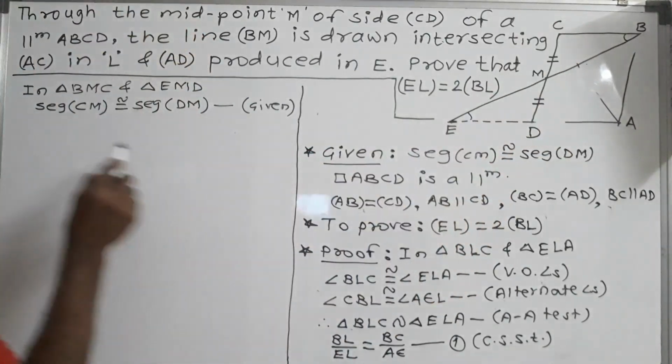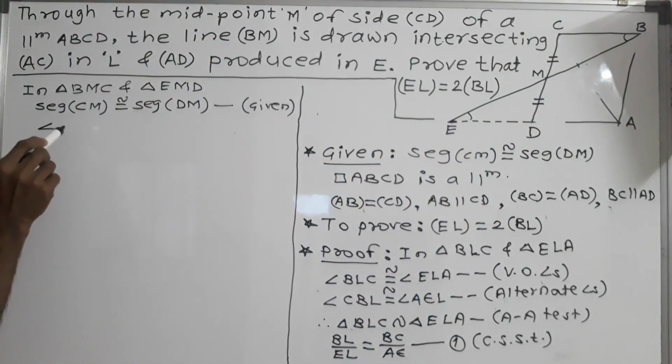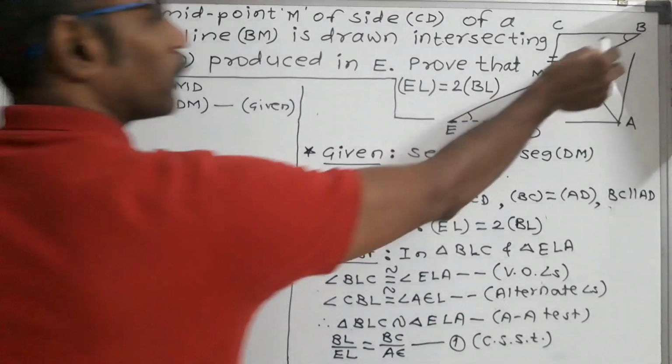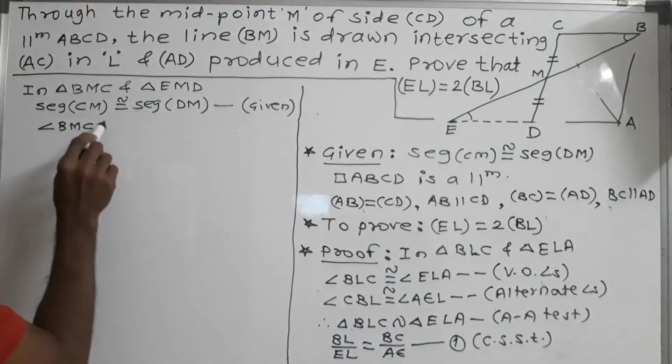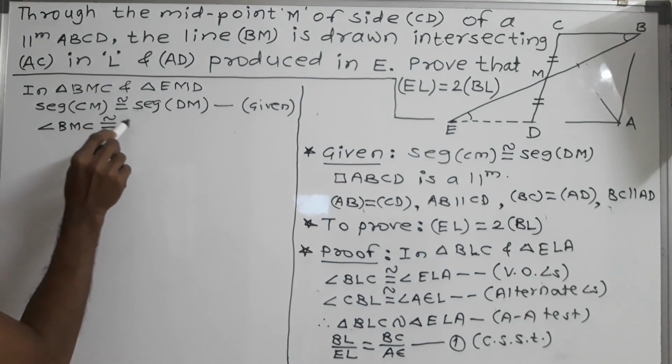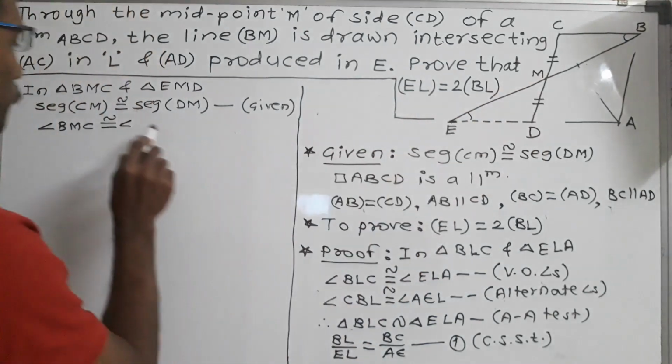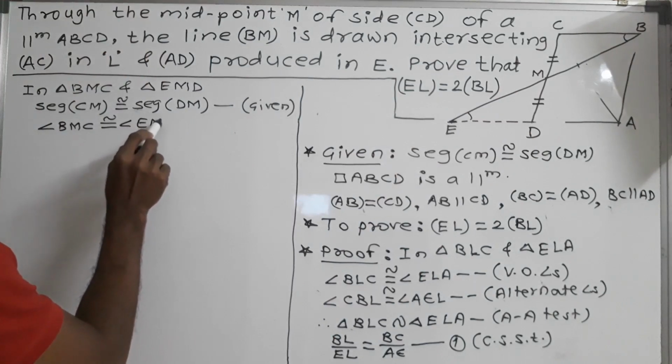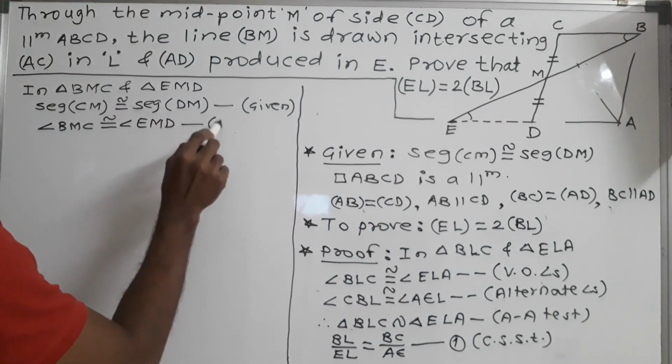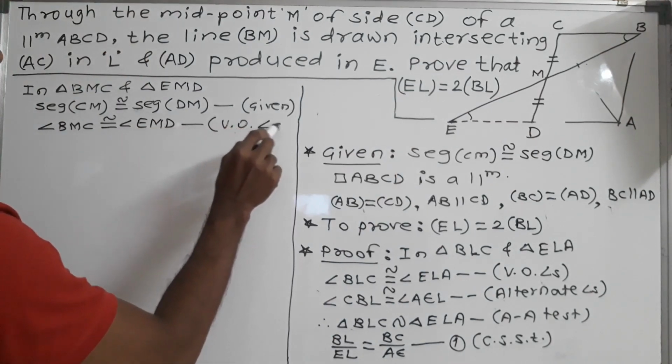Then vertically opposite angles: angle BMC is congruent to angle EMD. These are vertically opposite angles.